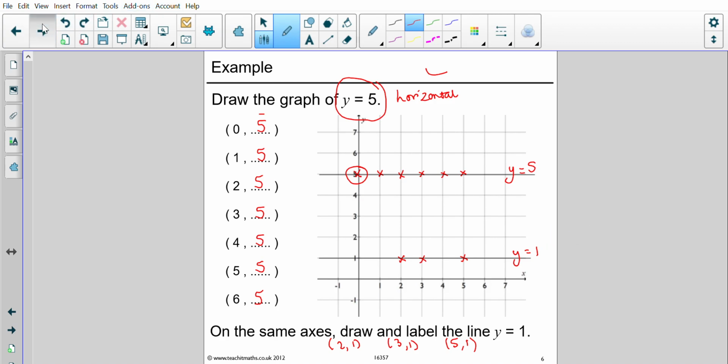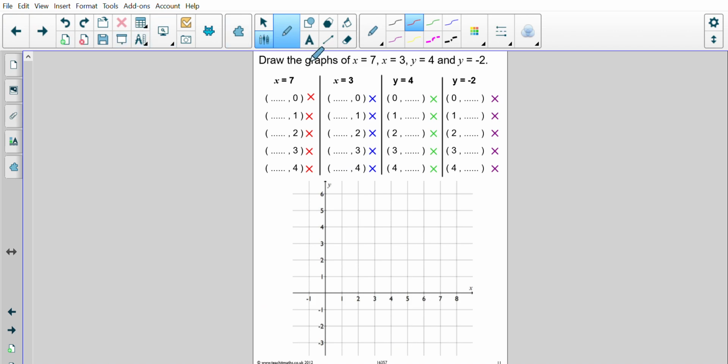Right, let's have a look at a few more of these then. I've got 4 lines to plot here: x equals 7, x equals 3, y equals 4, and y equals minus 2. Let's start with the y equals lines because that's what we've just been doing. For the line y equals 4, again, it doesn't matter what my x values are, the y coordinate must be 4.